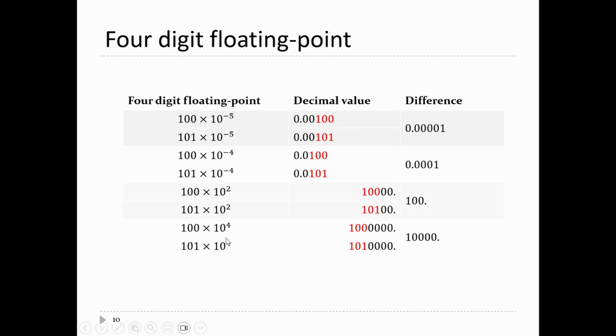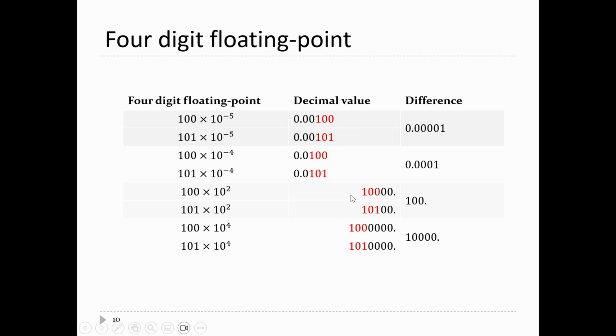When you get to the largest exponent that we can use with our format, you end up with values of 1,000,000 and 1,010,000. The distance between adjacent floating point values is now 10,000. What that's telling you right away is that there are many real numbers that you can't represent exactly in our floating point format.